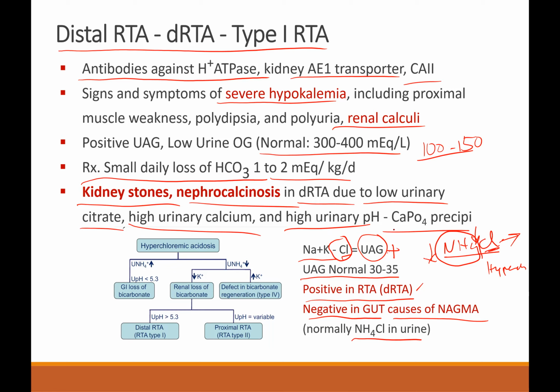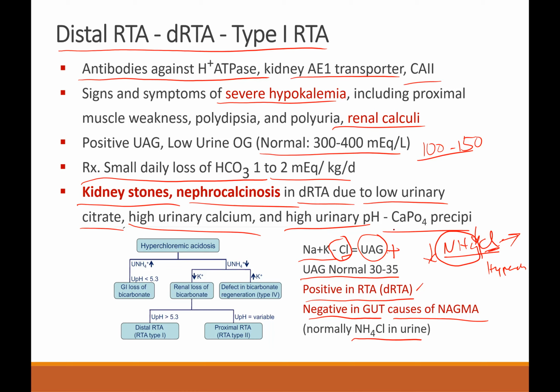What happens in gut when you lose bicarbonate? You also lose sodium chloride there. The chloride also is lost. So there is no problem with acid excretion here. Ammonia is secreted to compensate for the acidity. Here the kidney tries to excrete more acid in a case of diarrhea where the alkali is washed out.